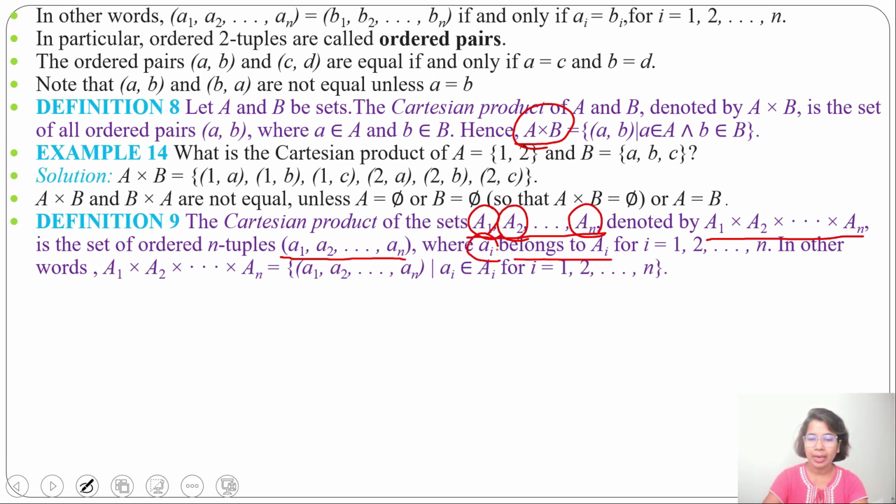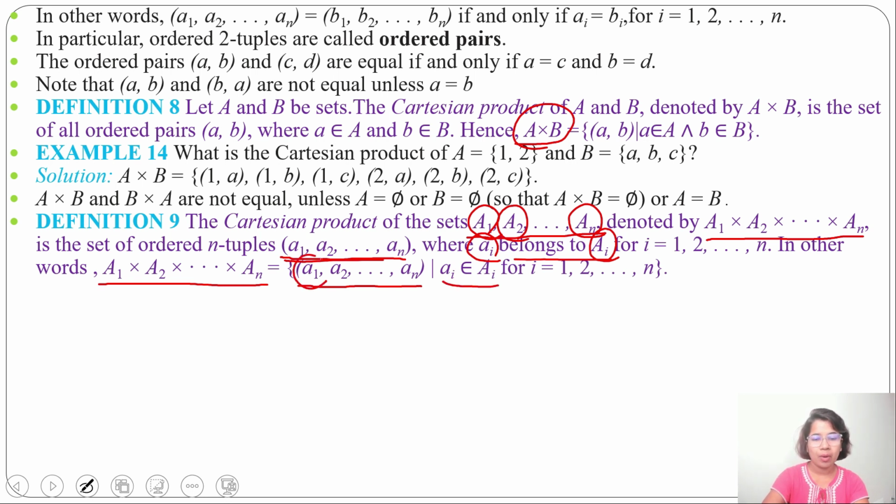The small ai is in the ordered tuple and the capital Ai is the set name, and i varies from 1 to n. In other words, A1 cross A2 up to An equals {(a1, a2, up to an) | ai belongs to Ai}.